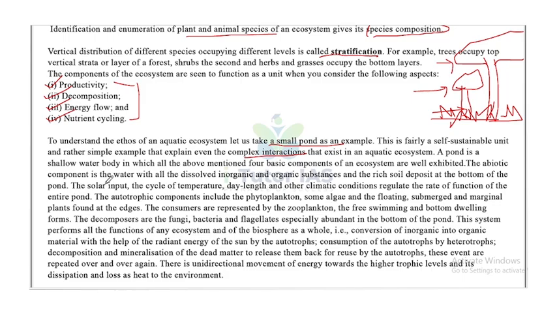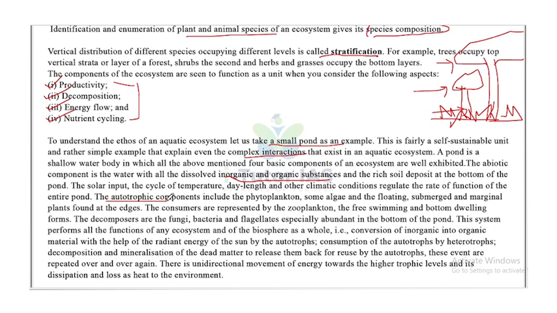The abiotic component is the water with all the dissolved organic and inorganic substances and the rich soil deposit at the bottom of the pond. The solar input, the cycle of temperature, day length and other climatic conditions regulate the rate of function of the entire pond.